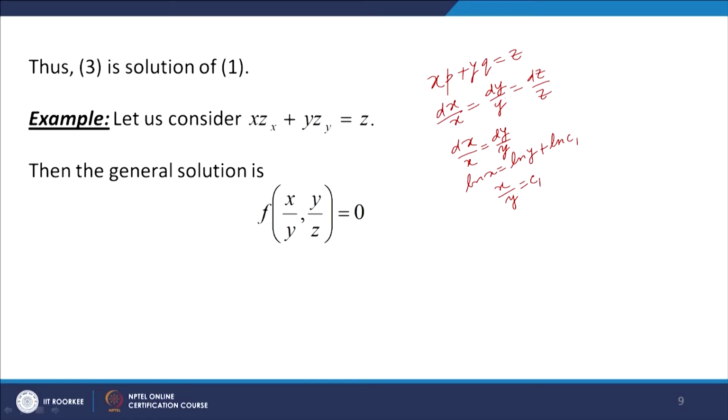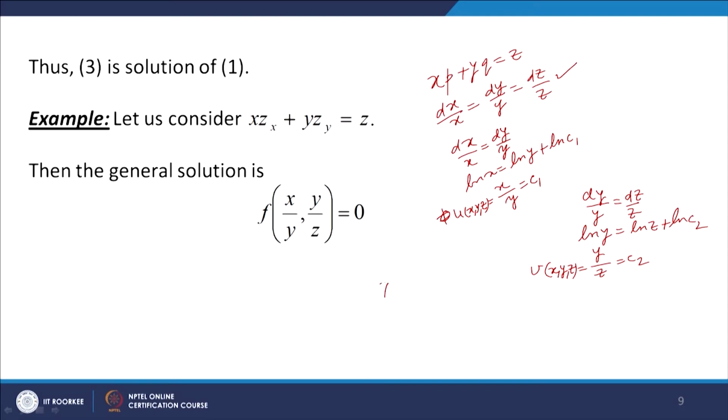We can take another independent relation dy by y equal to dz by z, which gives us ln y equal to ln z plus ln c2, and we can write y over z equal to c2. So, this is your u, x by y, and this is your v(x, y, z). So, we got two solutions u(x, y, z) equal to constant, v(x, y, z) equal to constant, which are the solutions of the characteristic equation dx by x equal to dy by y equal to dz by z.